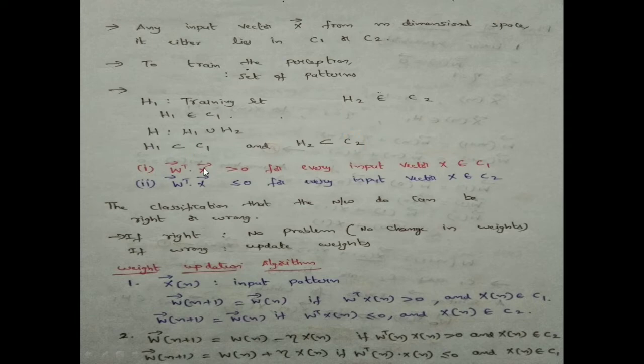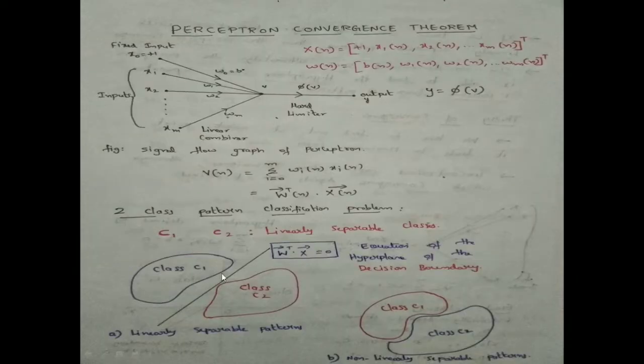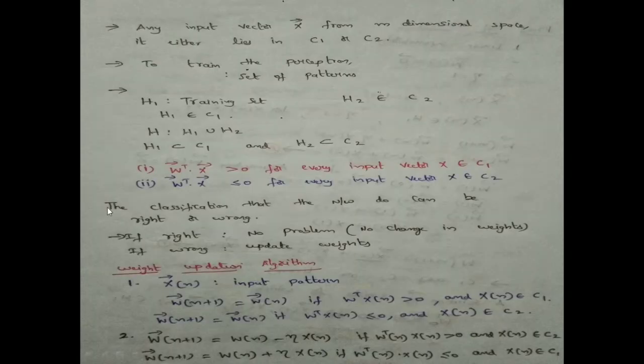We can now write the classification equation, given that the decision boundary is given with the help of the equation W transpose X equal to 0. So we can now definitely write that W transpose X is greater than 0 for every input vector X belonging to class C1, and W transpose X is less than or equal to 0 for every input vector X belonging to C2.